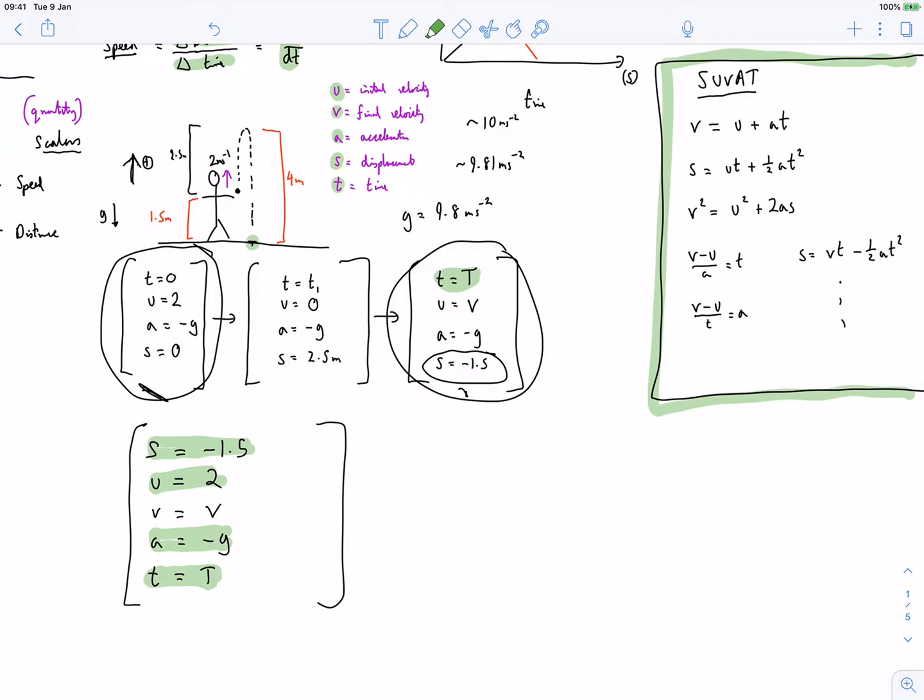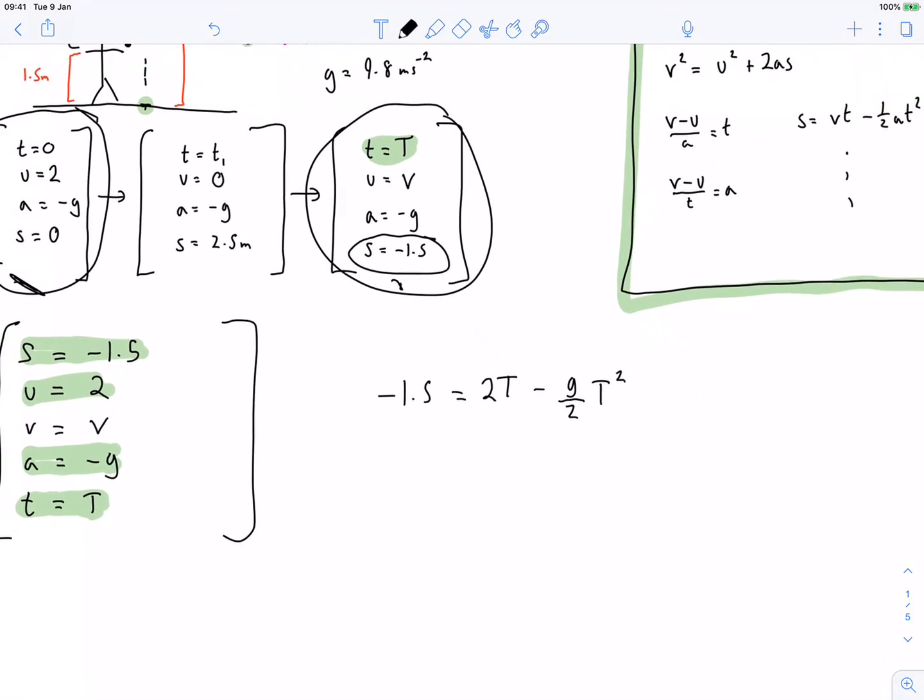And after a little inspection, it's this one. So what's going to happen? We've got S, which is minus 1.5, equals ut, which is 2 lots of t, plus a half a t squared. Well, that's going to be minus g, half of that over 2 t squared.